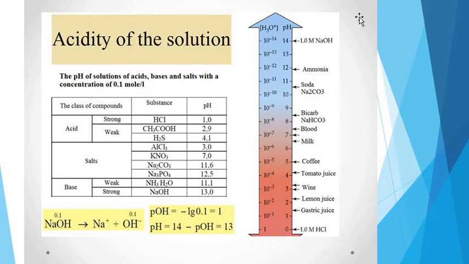And there are also different pH values for different substances. For example, for 1 molar concentration of sodium hydroxide, the pH value is 14. For ammonia, for example, it's 12. For milk, it's between 6 and 7, and others.